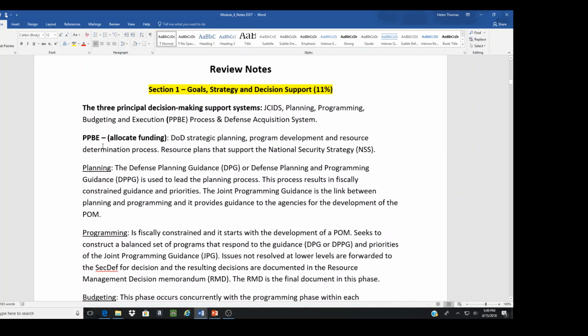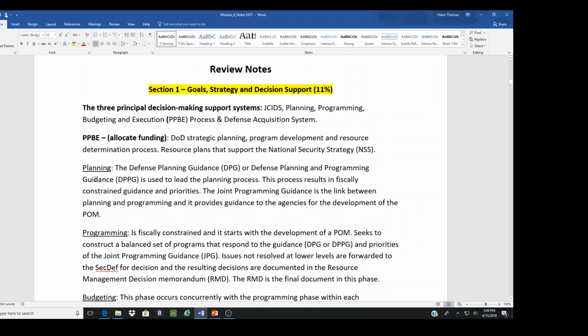PPBE is where you go to allocate the resources. It's a DoD strategic planning, program development, and resource determination process. Again, whatever we do for resource management must support the national security strategy. That's the same strategy we talked about in Modules 1, 2, and 3.